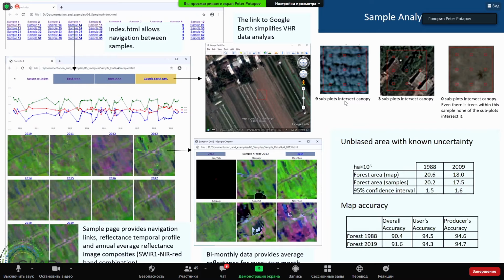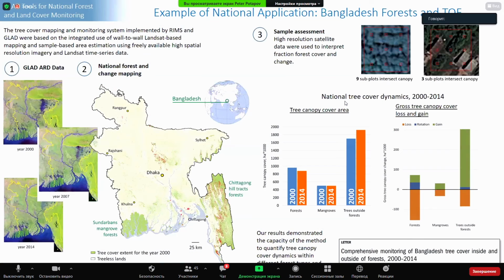And we need to know the accuracy of our map. Our system allows you to select points using stratified random sampling. And you can also create visualization of Landsat data bi-monthly, biannually, or annually, and you can link this to Google Earth.